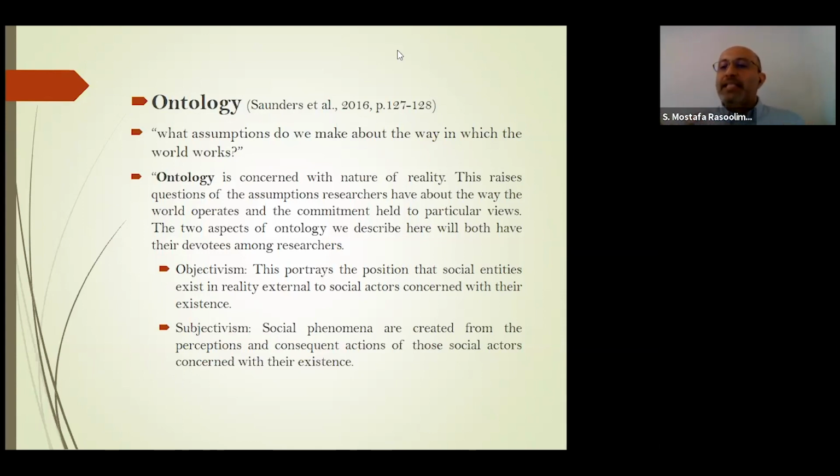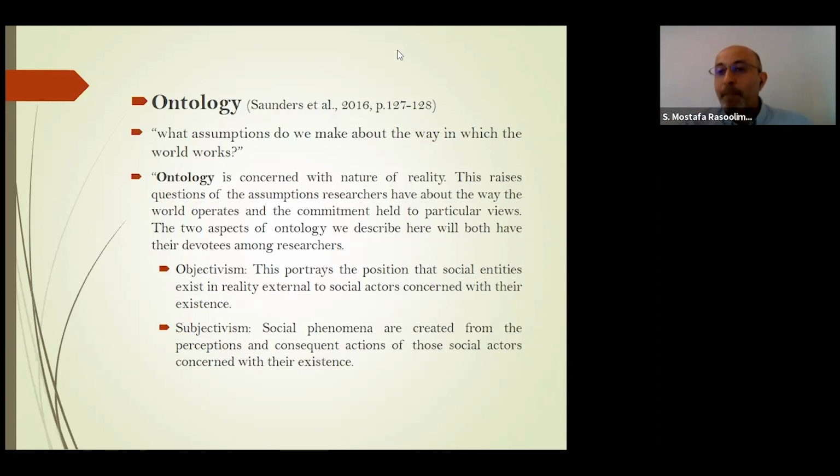There are two main streams. One says that for social concepts and phenomena like values, attitudes, and satisfaction, it's not possible to have a common understanding of value, belief, or attitude.